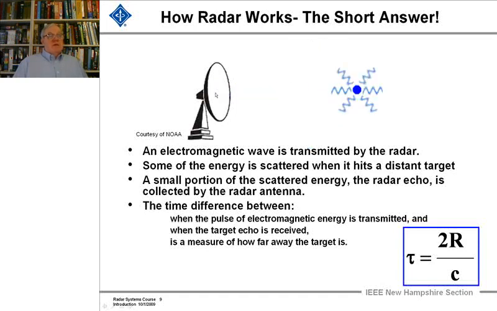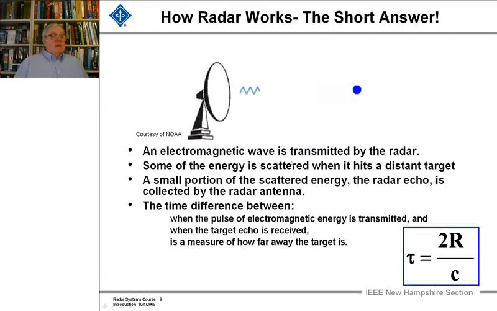It will be received, and the round-trip time it takes for the electromagnetic radiation will give you a measure of the range, because the electromagnetic radiation is traveling at just about the speed of light.